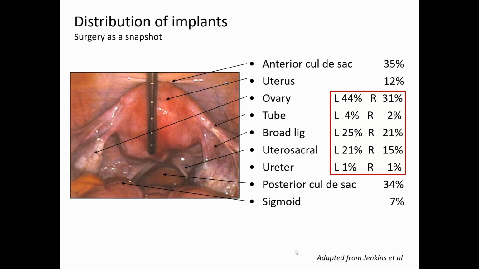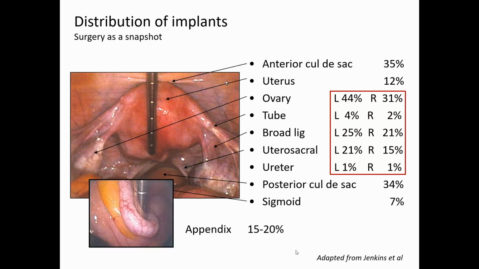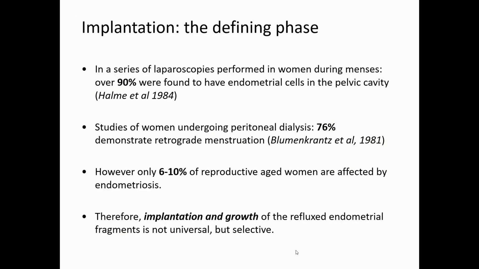So because of that, the left side tends to be more static and has more of a propensity for the retrogradely shed lesions to implant, underpinning that spatial disparity between left and right at the time of laparoscopy. The appendix can also be involved in about 15 to 20% of cases.